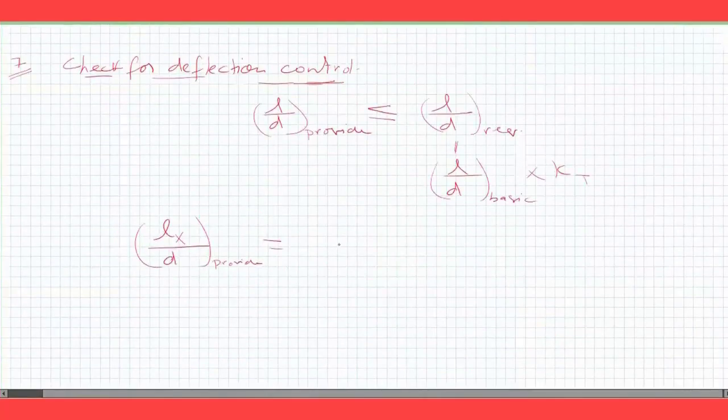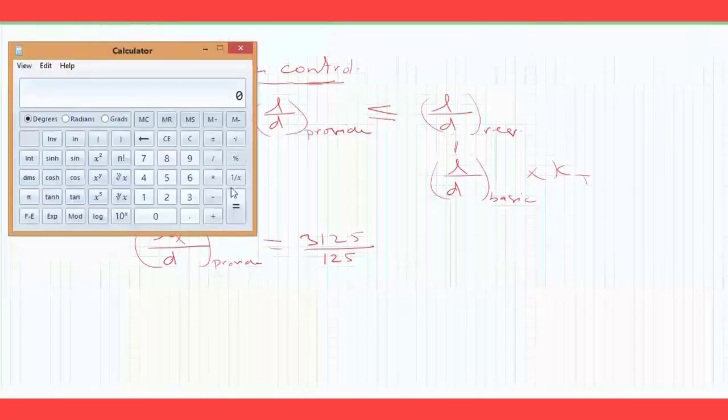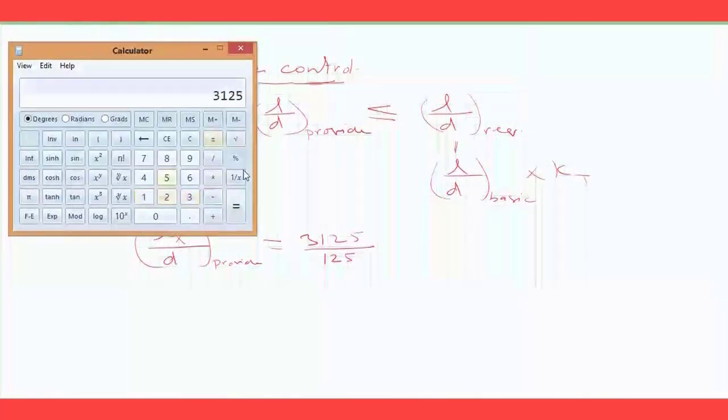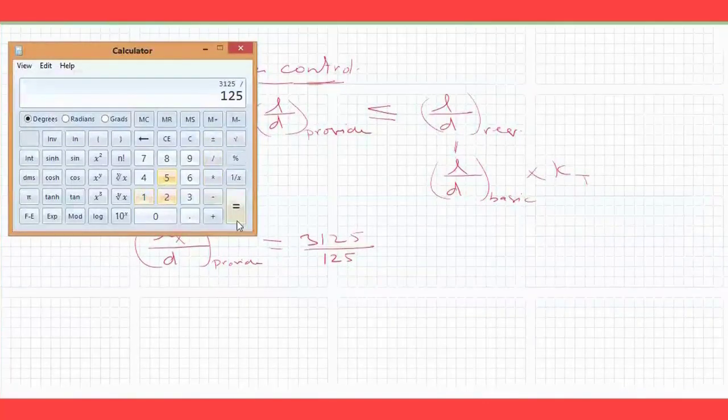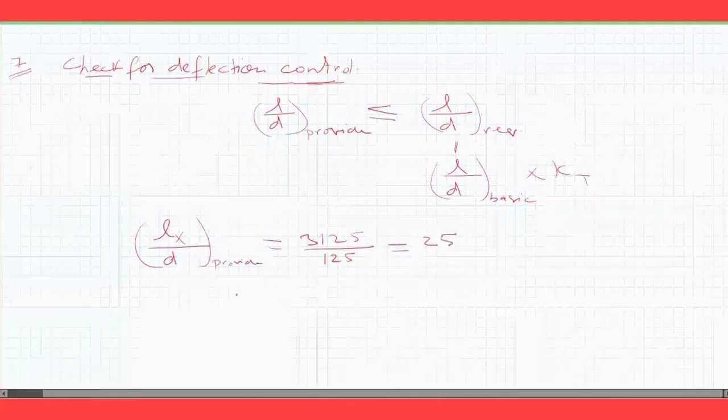So Lx is 3125, and D which has been provided is 125 millimeter. So 3125 divided by 125 comes out as 25. Lx by D provided is 25.